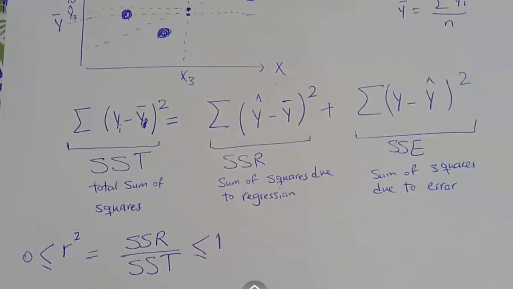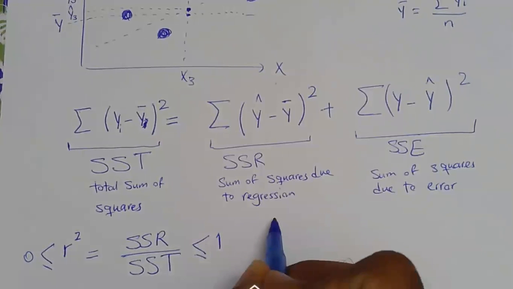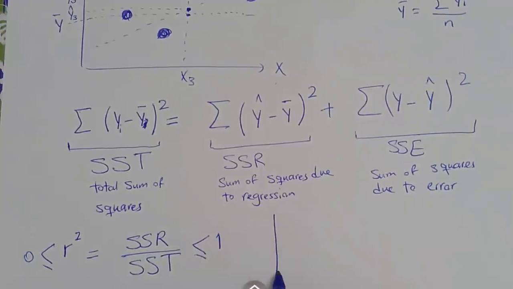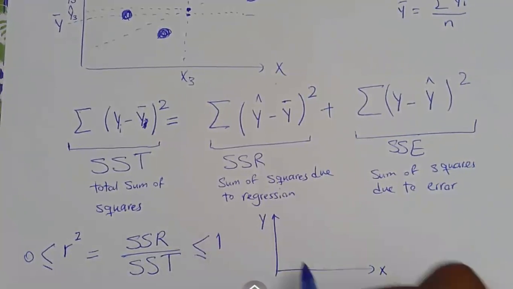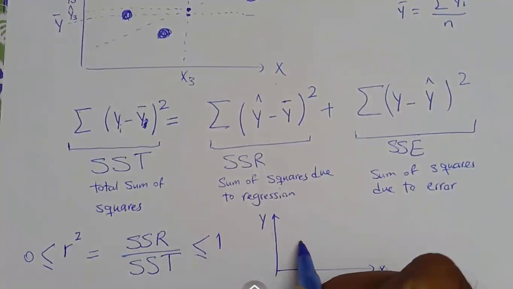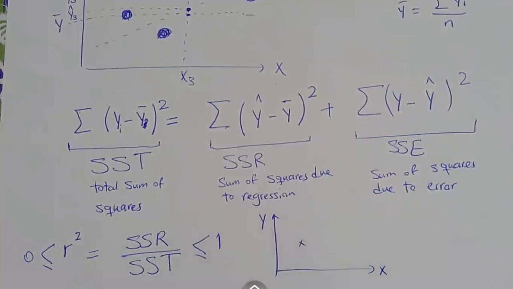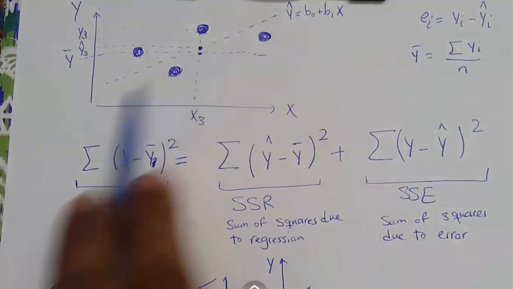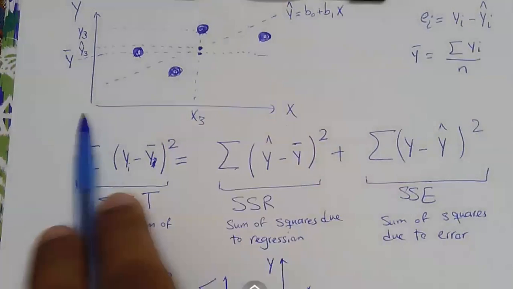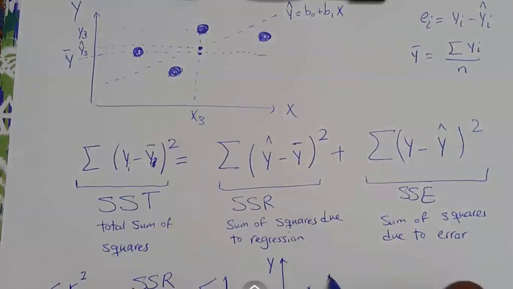I'm going to draw two simple scatter charts here again, two simple examples, X, Y. In this first one, let's see if everything falls on the line.